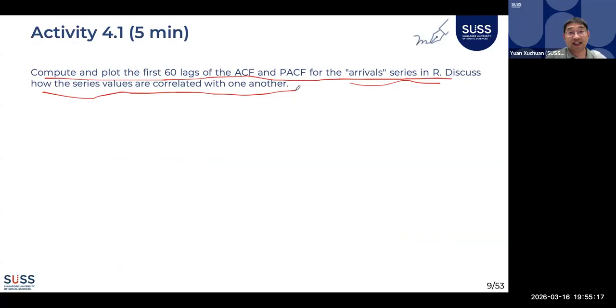I give you 2 minutes. Load the data, the arrivals. Remember to change the column name from total arrivals to arrivals, and also fill up the missing values, and also convert it into a time series object, and plot the ACF and PACF.